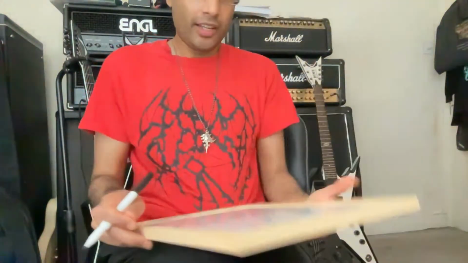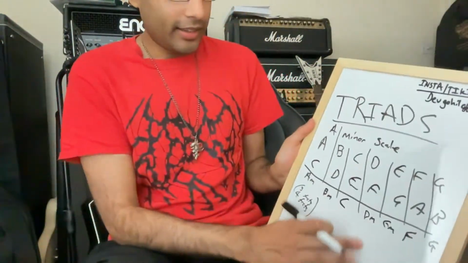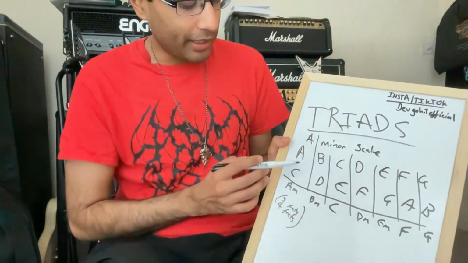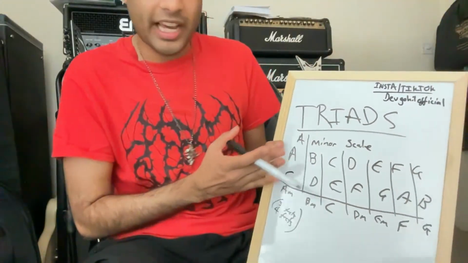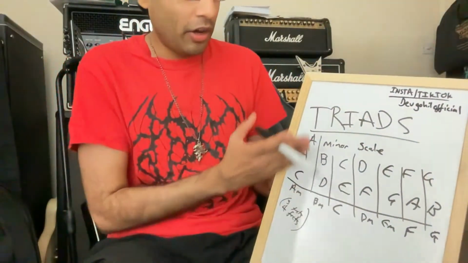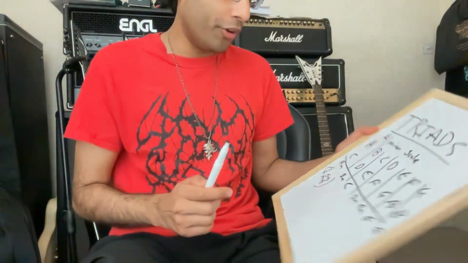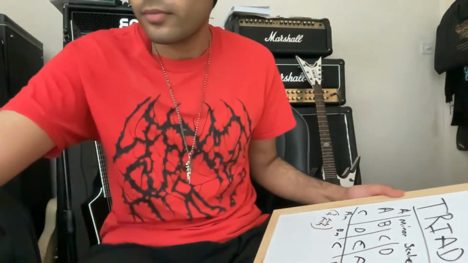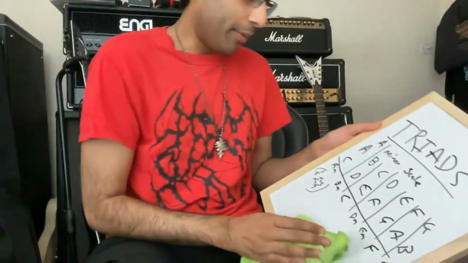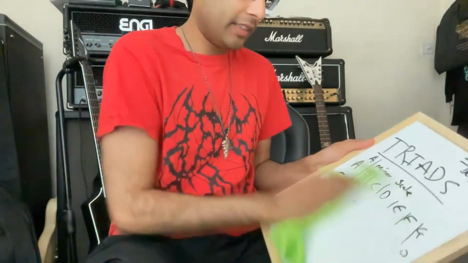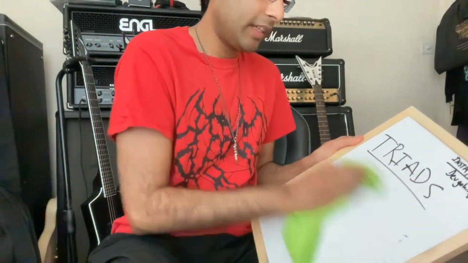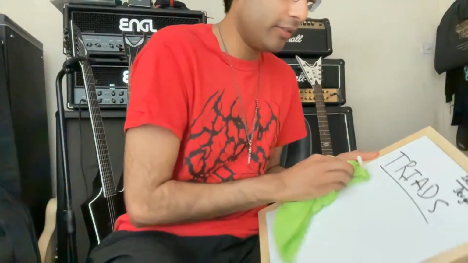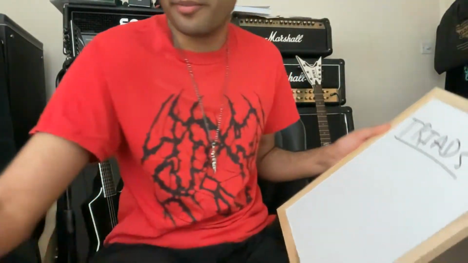All right. So this stuff is super important because we're going to be talking about triads now, which is adding another layer of harmony using more notes. So I'm just going to rub this out and clean it up a bit, because this is going to get super important in a moment.